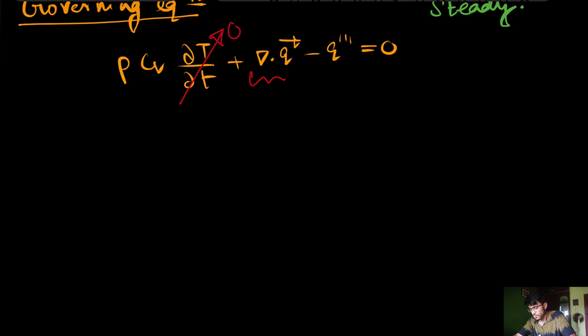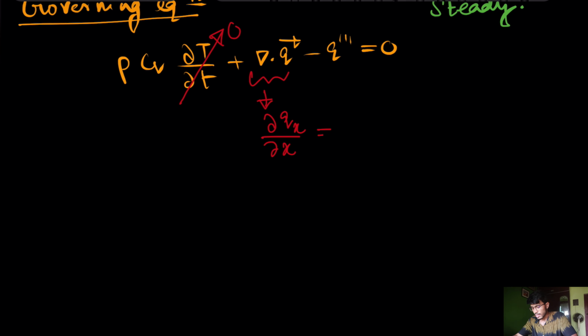And this we already know that we can write as del qx del x, and the other two terms, del qy del y and del qz del z, are identically 0 because qy equals qz equals 0, because there is no heat transfer in y and z direction according to the given problem.